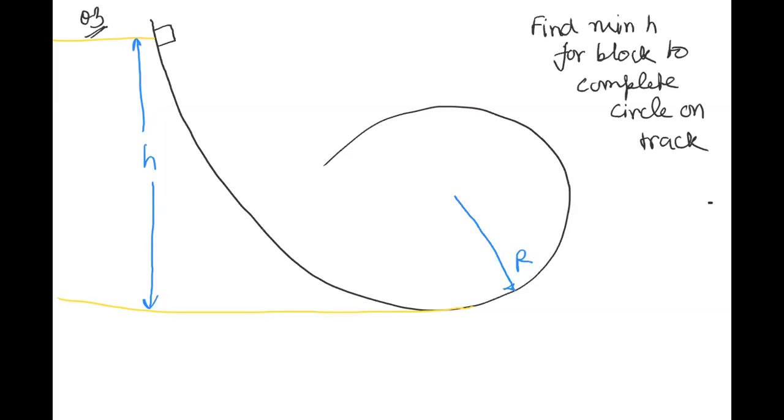Yeah, so you can either take the topmost point or the bottommost point as the final point, because the initial point is given to us, right? Initial point is given to us. And I will take this as the final point. So summation of work is work done by Earth and nothing else, plus mgh.